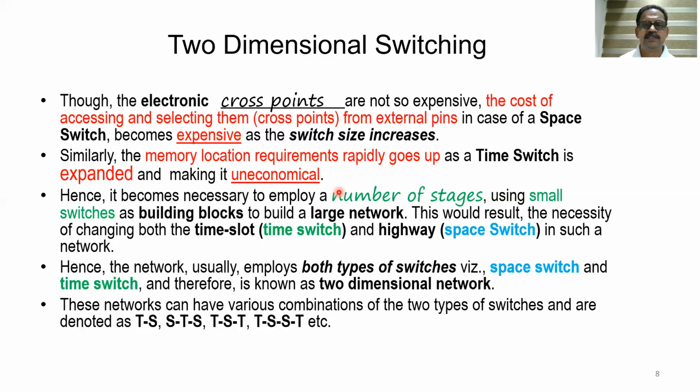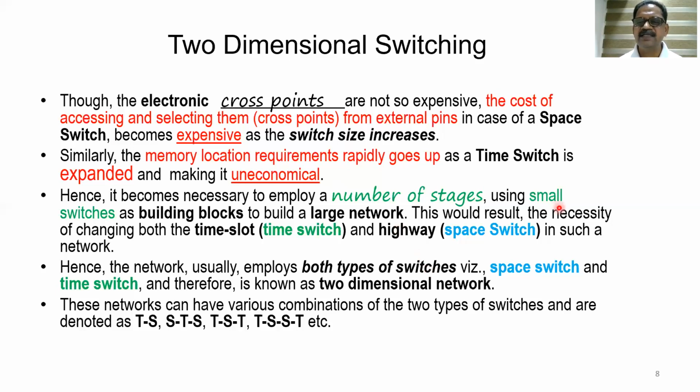expanding time switch. Hence, it becomes necessary to employ a number of stages using small switches as building blocks to build a large network. So we will divide the large network into small building blocks.